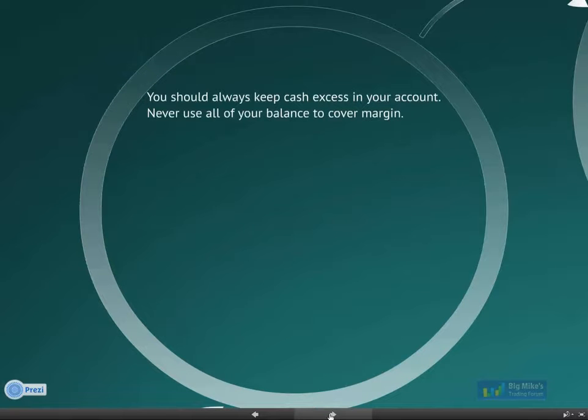Now, when you're selling options, you should always keep cash excess in your account. Never use all of your balance to cover margin. For me, I like to be somewhat safe, and I use 33% of my balance to cover margin. And that leaves 67% in cash.